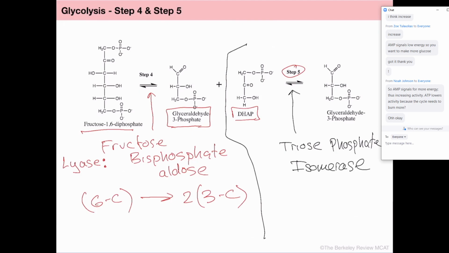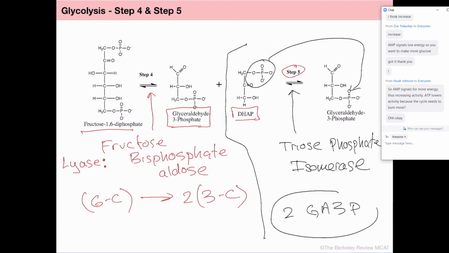As the name says, it's an isomerase, which moves the phosphate group down to the C3 carbon of glyceraldehyde 3-phosphate. So after steps 4 and 5, we get 2 glyceraldehyde 3-phosphates, 2 GA3Ps.